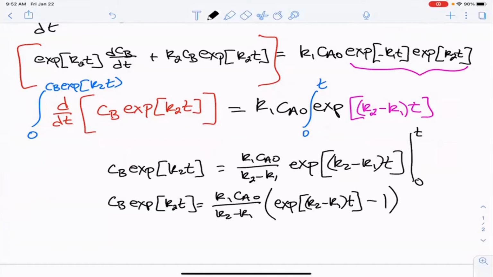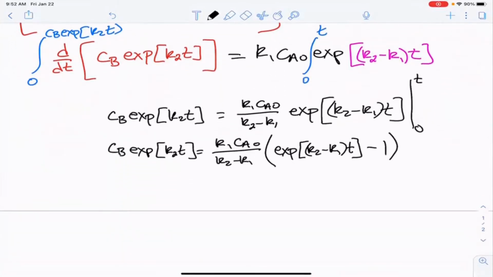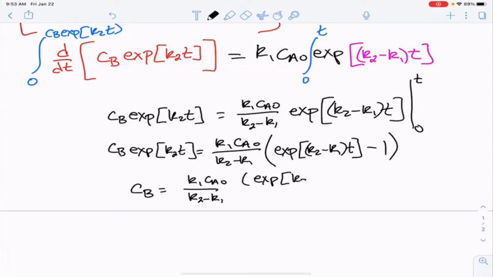Now we can solve for CB by dividing both sides by the exponent of k2 times time. If we do that, CB equals k1 times CA0 over k2 minus k1 times the exponent of k2 minus k1 times time, minus 1, over the exponent of k2 times time.